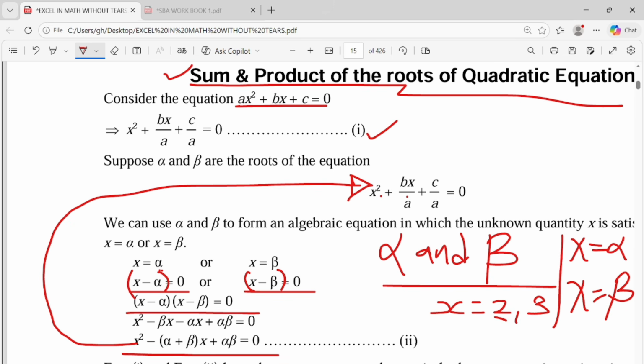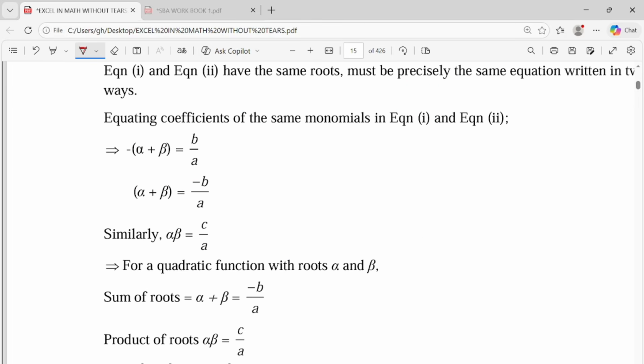If you eliminate the negative, you come up with alpha plus beta equaling negative b out of a. And similarly, alpha beta is equal to c out of a.